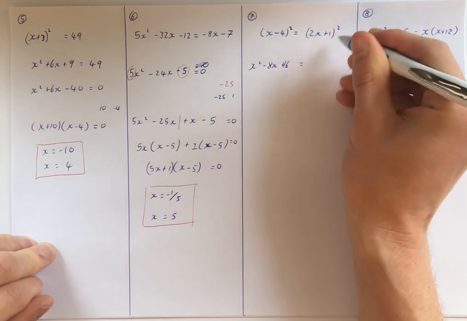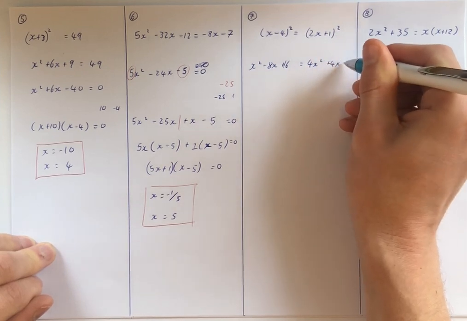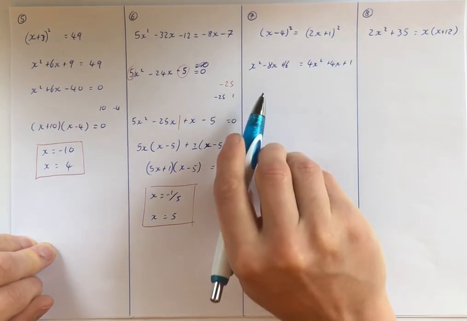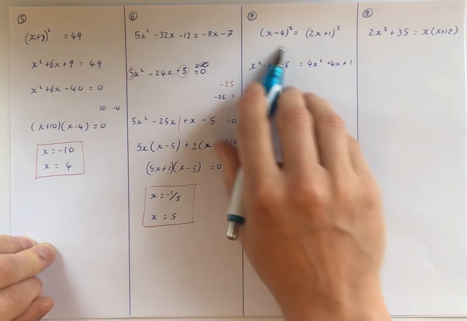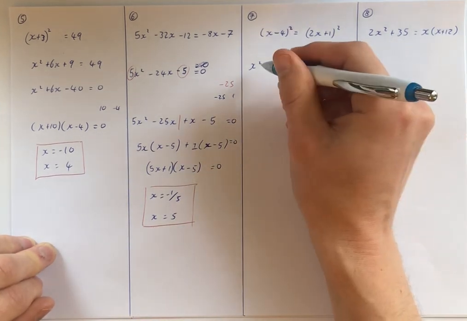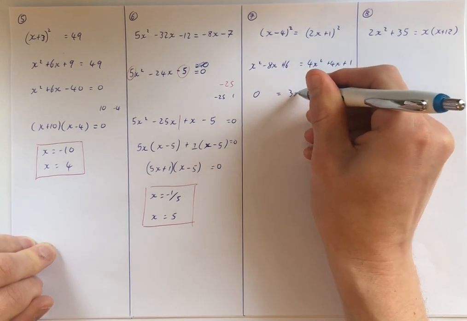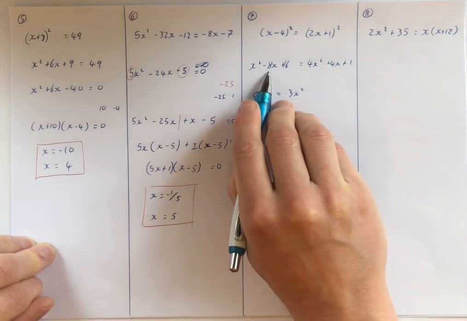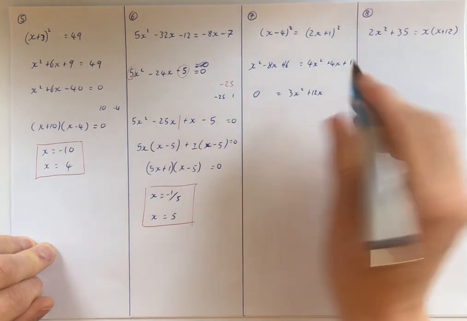And 2x plus 1 all squared, that's 4x squared plus 4x plus 1. Now I've got 4x squared on the right hand side, so I'm going to make the left hand side equal 0, because I want to keep the x squared positive. So we'll subtract x squared. We're going to add 8x, and we're going to subtract 16.